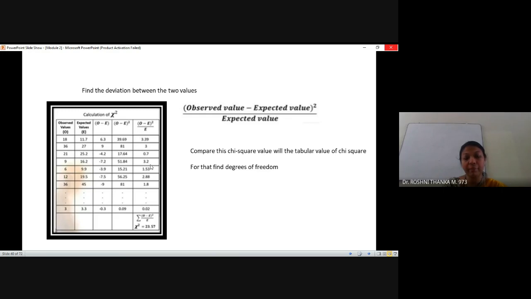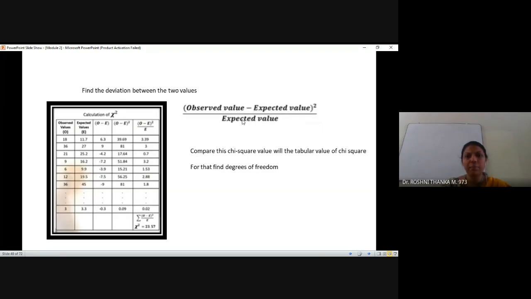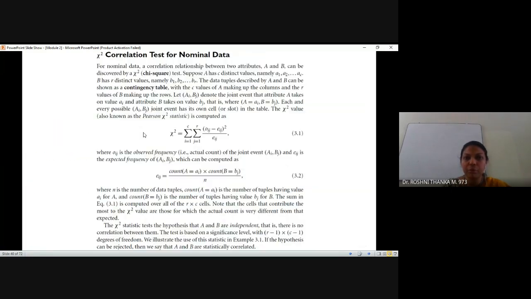It is a big table. This chi-square is also important from an exam point of view, but there we won't be given this much data, because it is very time consuming to calculate for each and every value. But you understand the concept. And then finally, what is the formula? We have to find the sum of all the values.